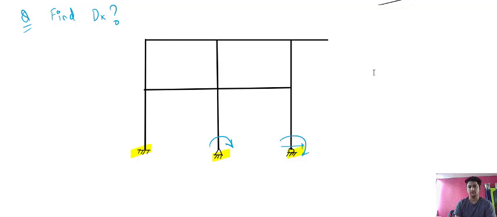Now there are no axially rigid members here, so here there will be 3 displacements: vertical, horizontal and moment. Here will be 3, here 3, here also 3, here also 3, vertical, horizontal and moment, here also 3, and here also it will be 3.